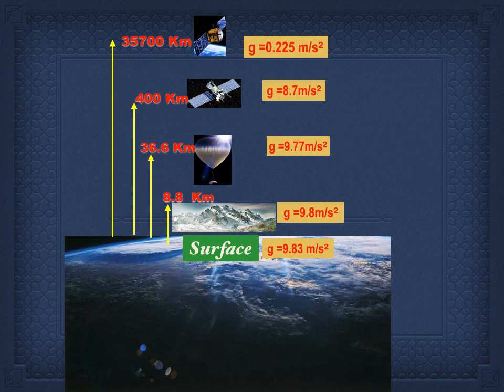So we can conclude that when we consider an artificial satellite orbiting the earth, we have to take into account the change in the value of G due to the large change in the distance of the satellite from the center of the earth. So we can conclude that as the height increases, the value of G decreases.